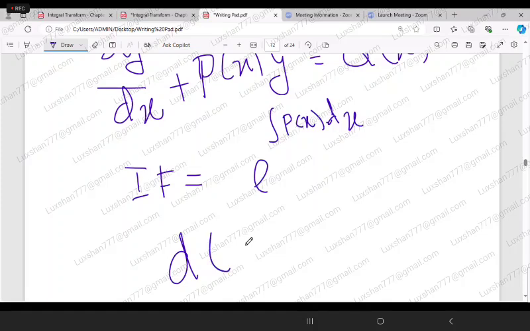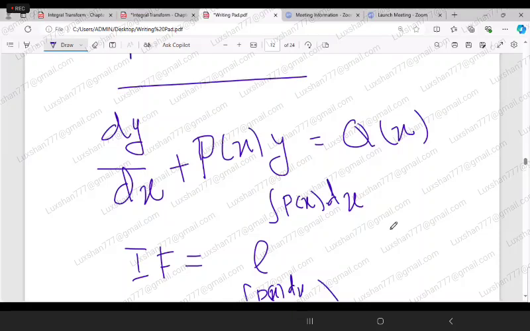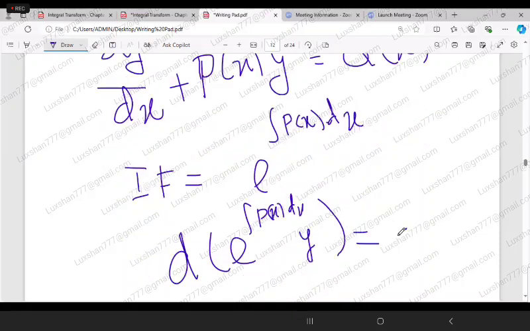d into e to the power integration P dx times y is equal to Q(x) into e to the power integration P dx.